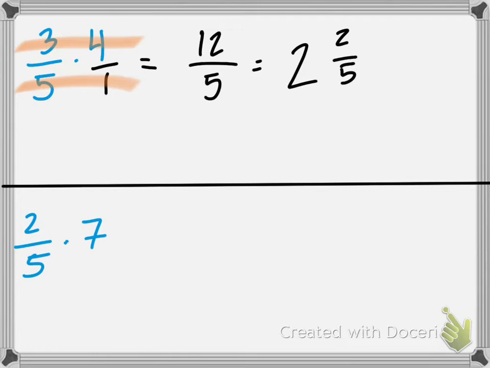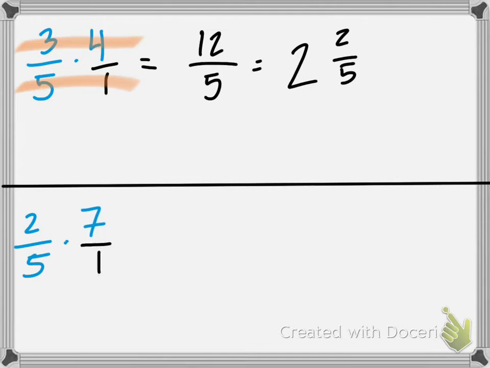So we do the same thing for the next one. We need to make this a fraction. Whenever we have a whole number, what is it as a fraction? Who can tell me what a whole number is as a fraction? What do we do for any whole number to make it a fraction? Amelia, what do we do? Whole number over 1. Yeah, whole number over 1.